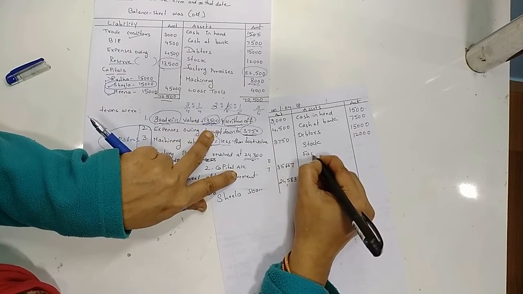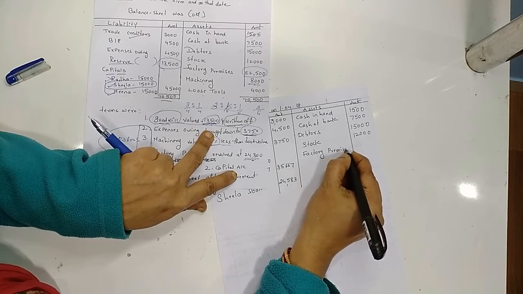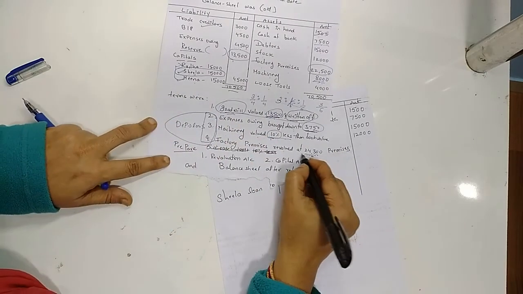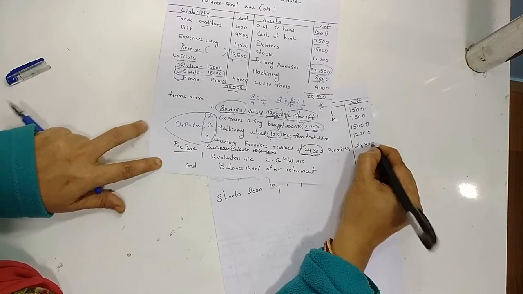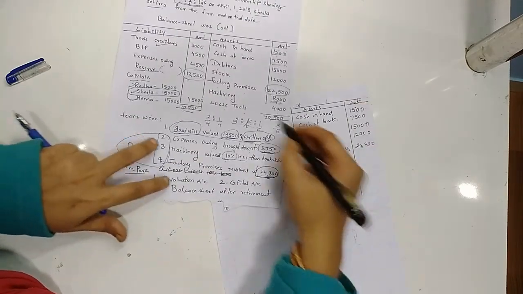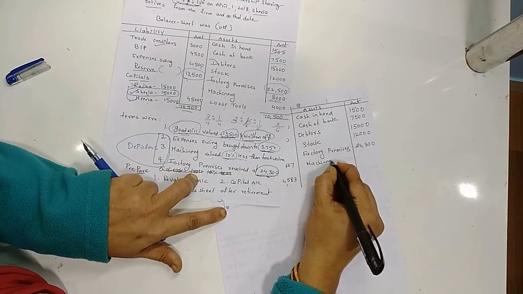Factory premises amount changed, so you need to take the new amount. The new amount directly given is 24,300. So I'm changing only amounts here. The remaining items are as they are. Machinery: it is said that machinery value decreased.